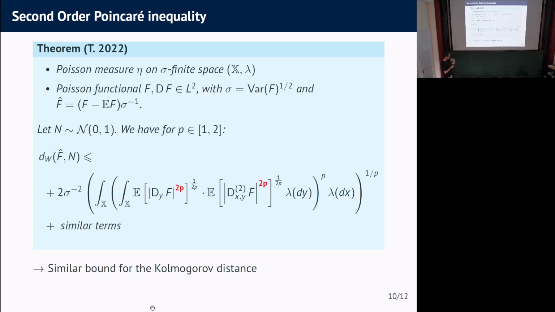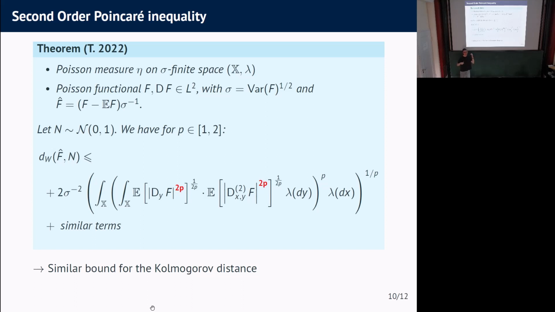And I don't know if I will have time to talk about some ideas of the proof in the end, but the proof of this is a bit different to the proof of what we had before, because the fact that you have this Malliavin calculus structure gives you an L2 Hilbert space that you can work with. But the problem is, if you use this L2 Hilbert space structure, you have squares, and squares gives you fourth moments. And that's what you want to avoid.